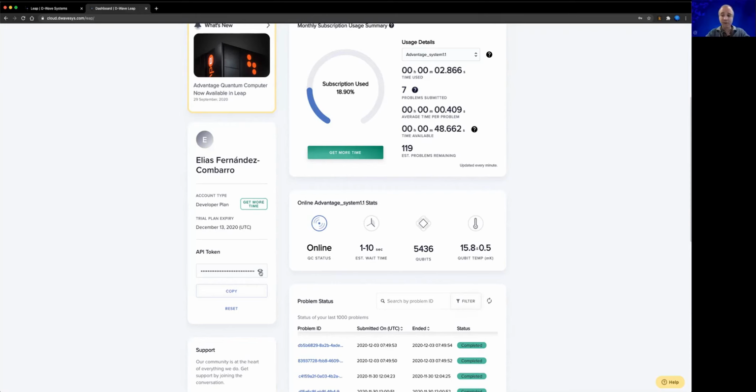And I have included on the Indico page for the lecture a link with instructions for installing locally these libraries and to use this token and to run your programs remotely from your own computer. Okay, you also have here information about the plan that you are enrolled in. You have this free plan that you obtain when you register for the first time, which gives you 1 minute per month the first month, and then you don't have any more resources.